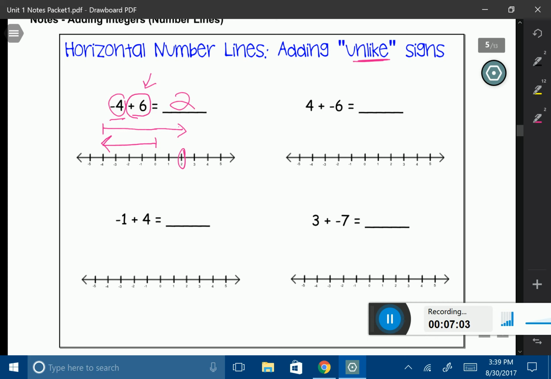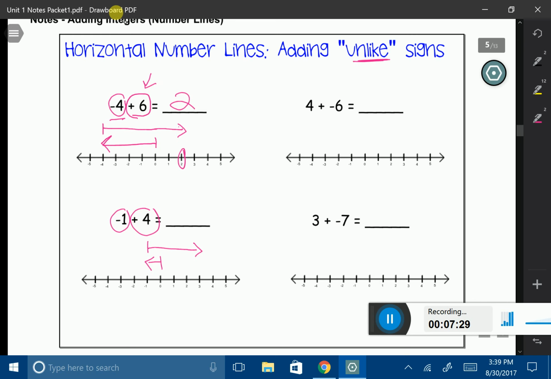Okay, let's go ahead and look at negative 1 plus 4. I'm going to start at my home base, and I'm going to go down 1. But now I'm adding 4, so I need to switch around. I'm going to draw a little line, and then I'm going to go up 4. Remember, I'm not going up to 4, I'm going up 4.